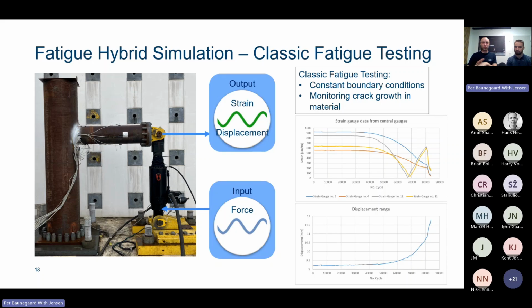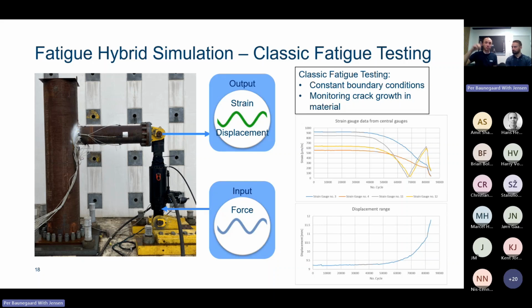But so that we have something to compare it with, just to be very clear what we're trying to do. When we originally tested this specific T-node, we inserted a sinusoidal force with a constant amplitude. So in principle, we weren't changing the boundary condition, it's constant.